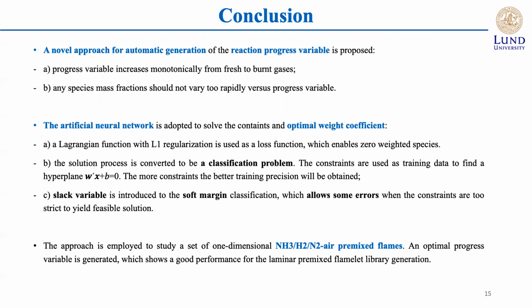We introduce a slack variable to make the classification a soft margin classification problem, which allows some error when the constraints are too strict to yield a feasible solution. Finally, we use this approach to study a set of one-dimensional ammonia-hydrogen premixed flames and give an optimal progress variable.